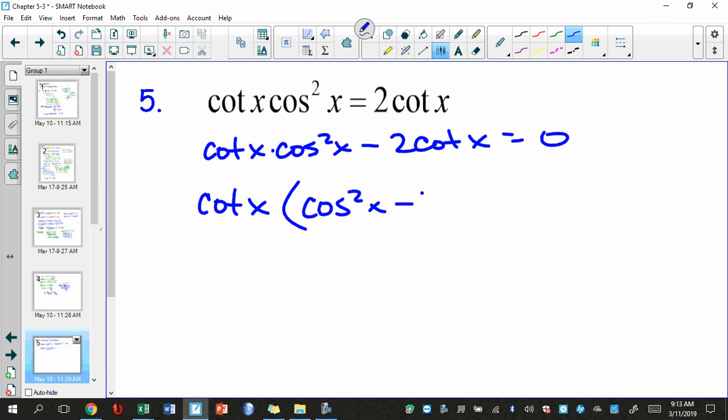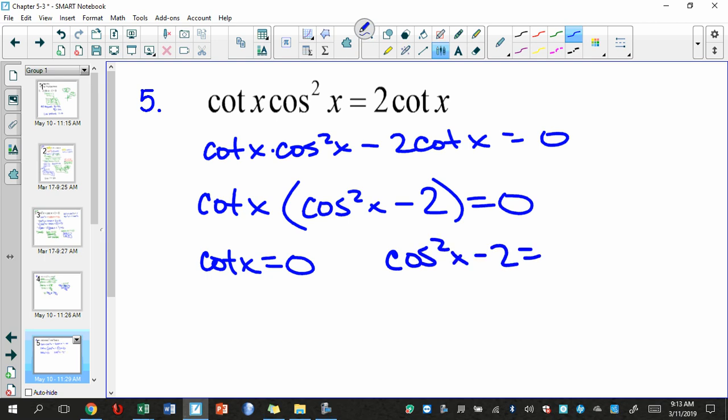Minus what? Minus 2. Do we understand that? So now what? Set each one equal to 0. You guys are making a mountain out of a molehill here, right? If you set each one of these equal to 0, I have 2 separate trig functions no longer attached together, correct? And they're all by themselves.